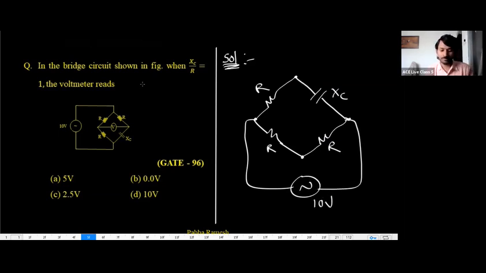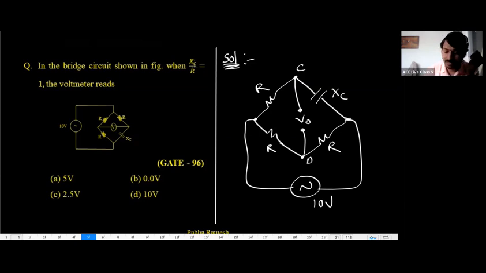The bridge here, this voltmeter reads, so this value we require. Okay, so what is this value? V not I'm writing. This is C and this is D I'm taking. So be clear, guys. Here, don't be in a hurry.